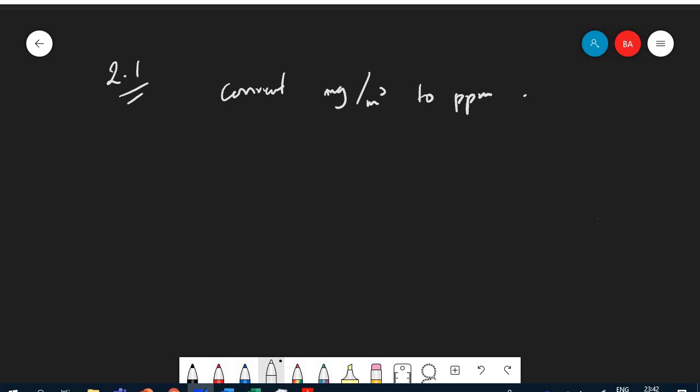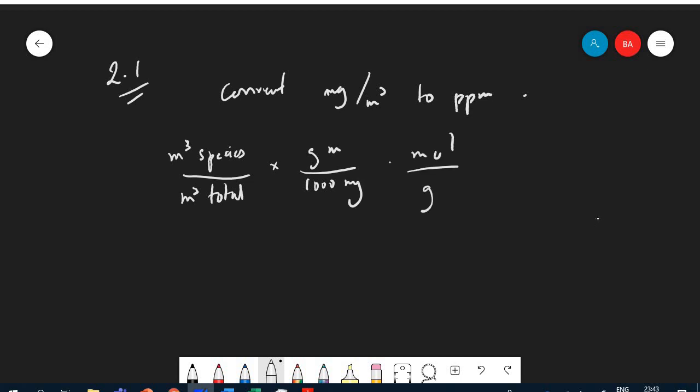If we have a certain meter cube of species for an amount of 1 meter cube total as a volume, and you try to convert that by multiplying how many grams you have within milligrams, and then how many moles you have in that gram, that is through the molecular weight, and then how many meter cube you have per mole.